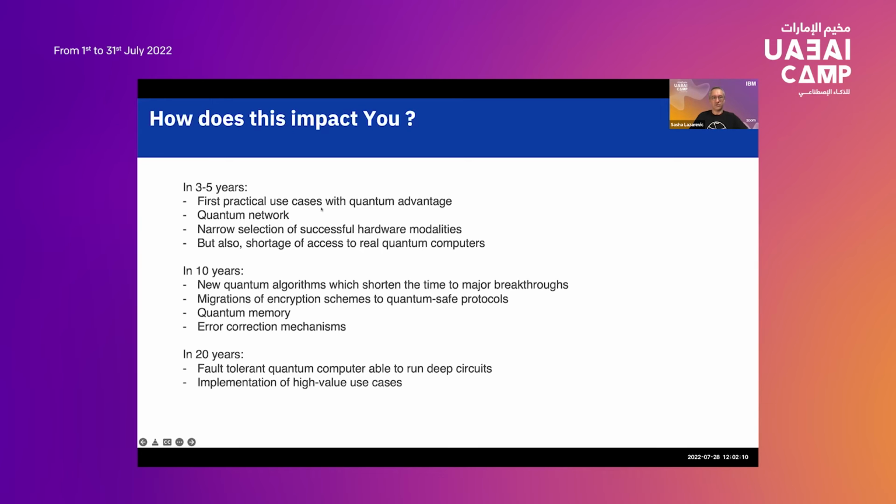This technology is progressing. Then we will definitely know what is the best platform. Is it superconducting qubits, photonic, trapped ions, something else? What is really important is that there is going to be a lot of interest, but not a lot of access to real quantum computers.